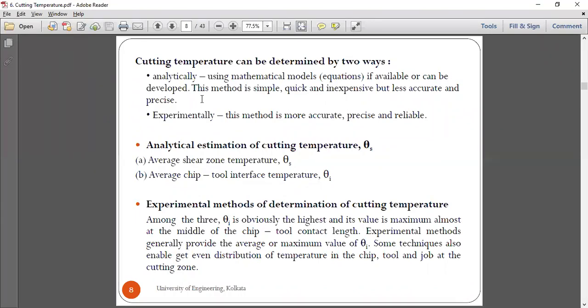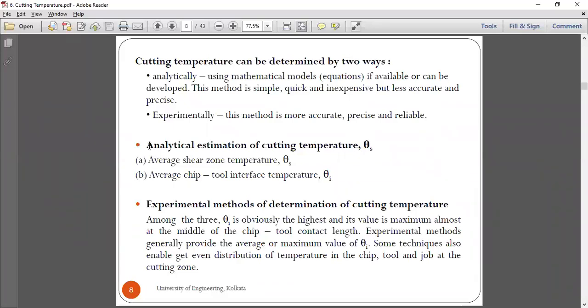When you put the input variables in the form of a formula, you will get the output variable as a constant value depending on those input variables. So definitely you will not get a varying result. However, in experimental value, you will definitely get a varying result, because whenever the machining process is taking place, the uniformity in generation of the cutting temperature will not be there.